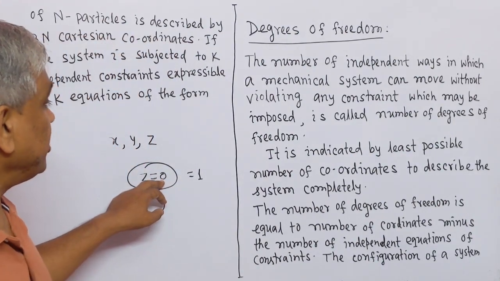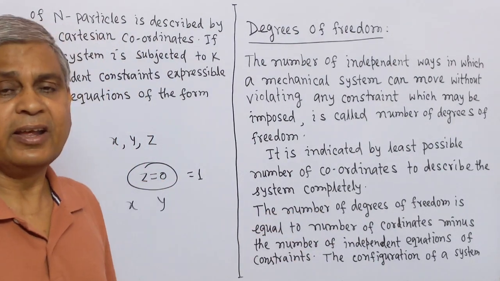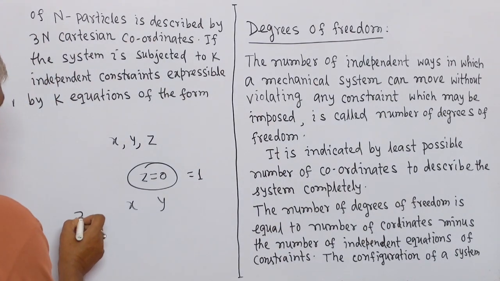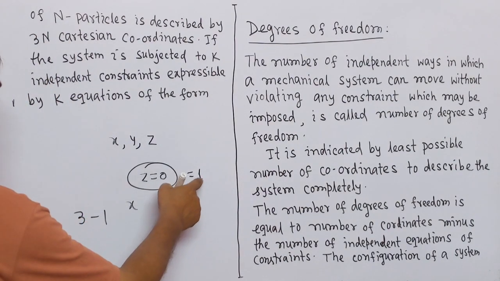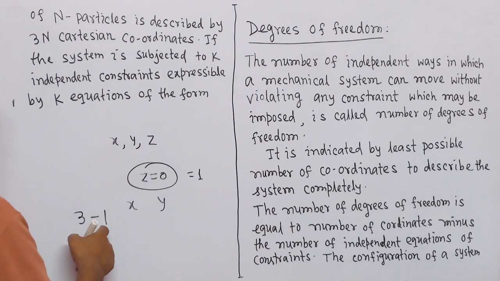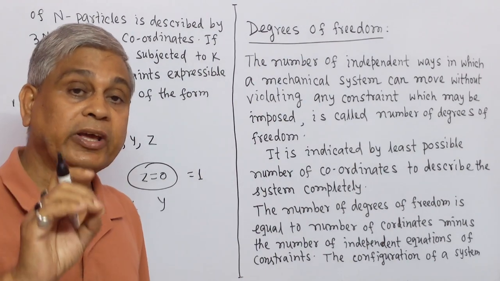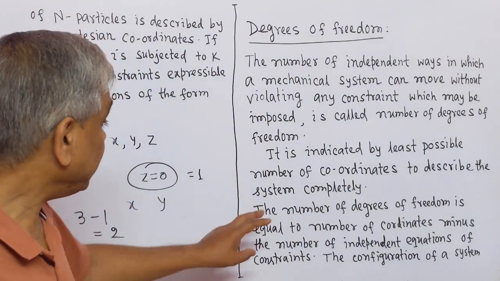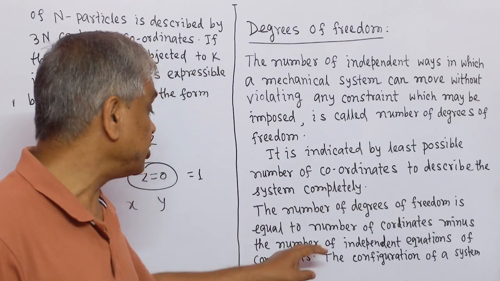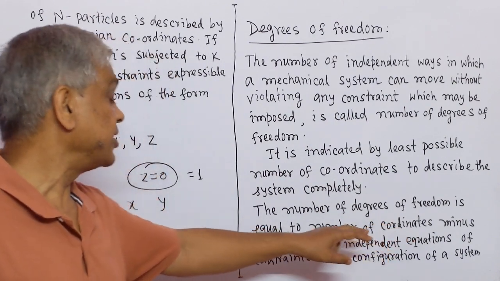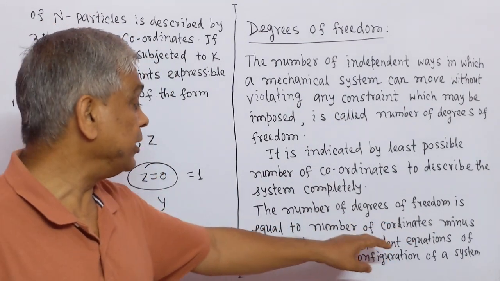This equation is the constraint equation, and 3 minus 1 remains 2. So we get 2 degrees of freedom.